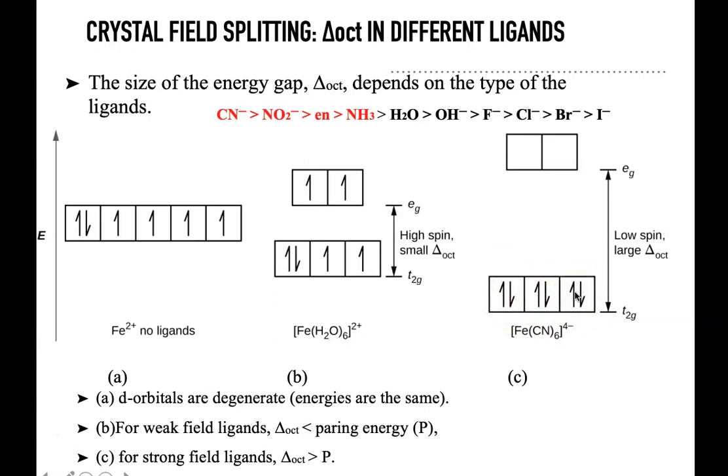If this energy gap were small, it would be better to fill up the fourth and fifth, but this energy difference is so high. Now it's better to pair them up before filling up this high-energy unstable one. So the fourth one comes here and pairs up, and the sixth one also, leading to all paired electrons.